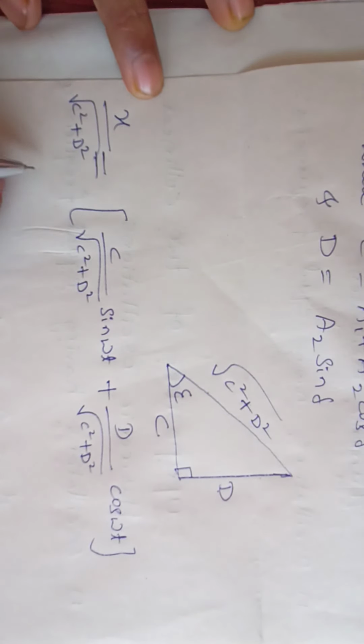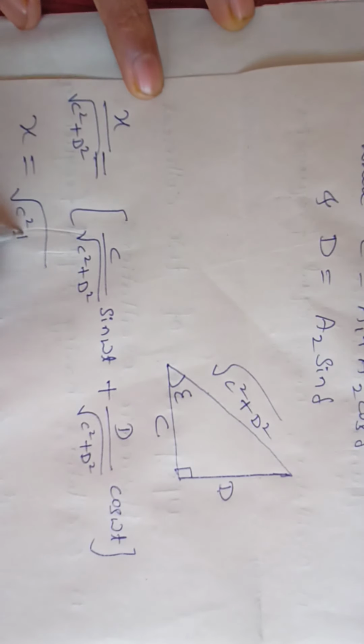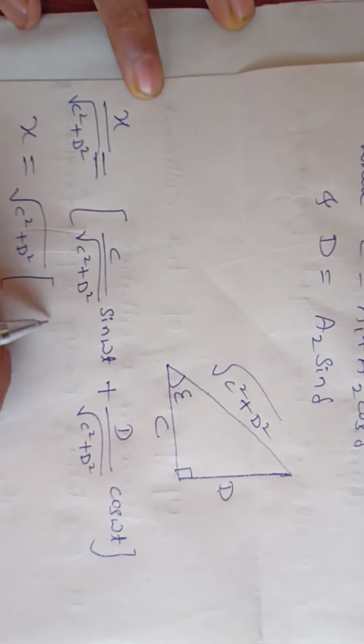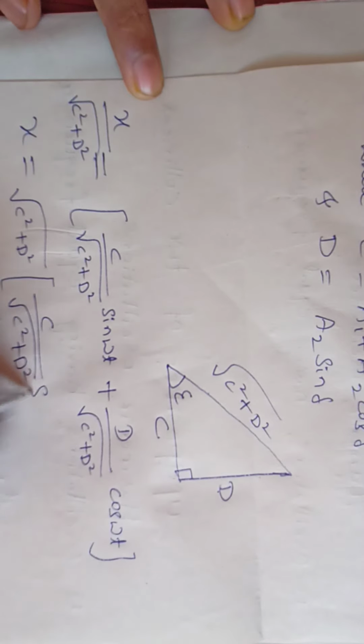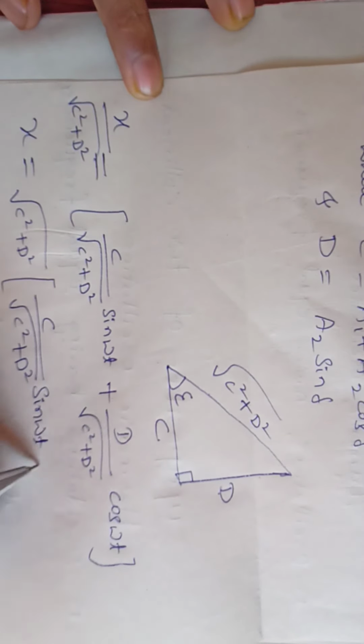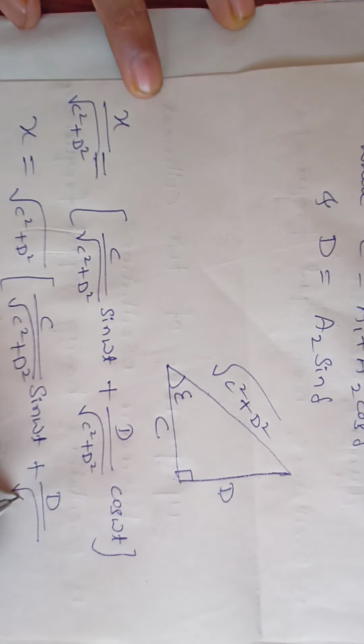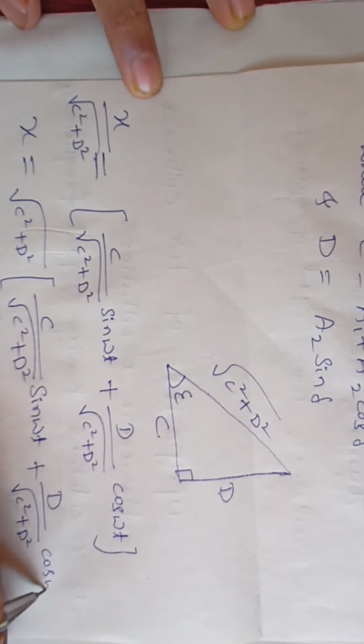Now after cross multiplication, x equals under root C square plus D square into C by under root C square plus D square sin omega t plus D by under root C square plus D square cos omega t.